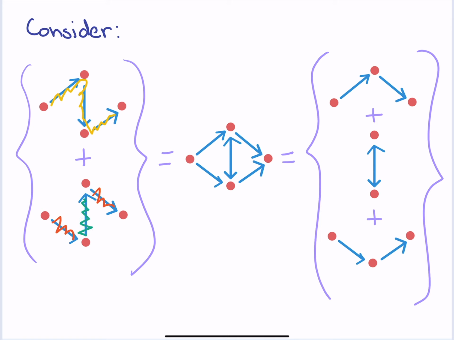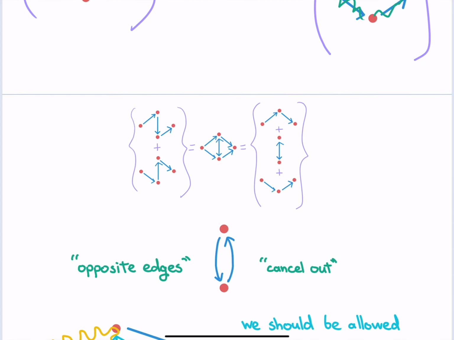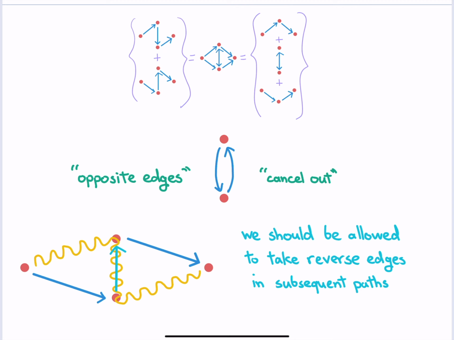Okay. And what's nice is that when you add them up, it does sort of contain two paths in the original graph, two edge disjoint paths in the original graph. All right, I'm speaking a little bit ambiguously, but in some sense, I could think of these opposite edges as sort of canceling out.